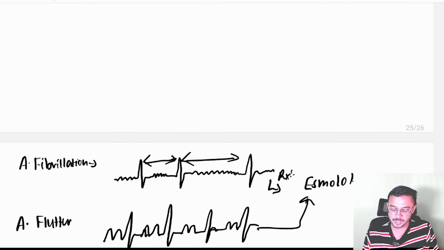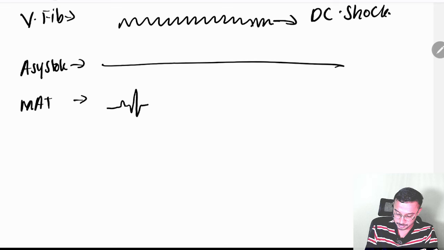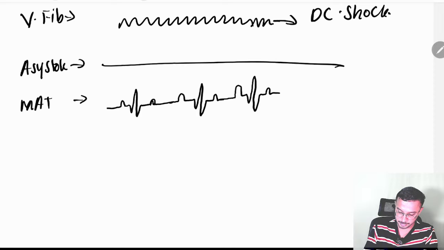And MAT, multifocal atrial tachycardia: P wave, QRS, T wave, and P wave, QRS, P wave and QRS and T wave, and P wave, QRS and T wave.